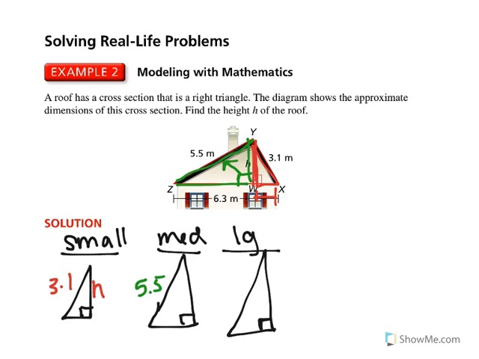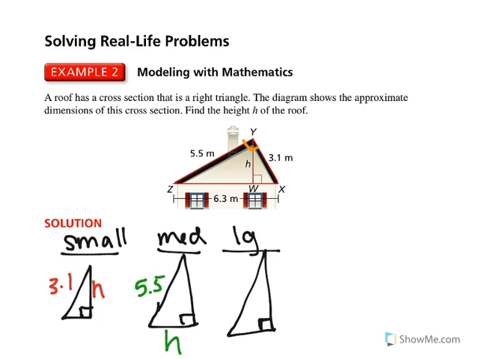And I know that the bottom is H, because it's my short leg. And I know that this whole side here is 6.3, but we don't necessarily know how long this is. Okay, so we're just going to leave it blank. And then on a large triangle, what's nice is that I actually already know all three sides.